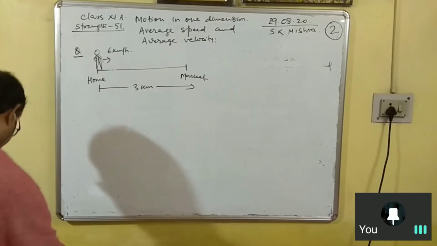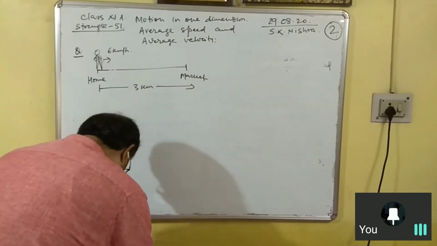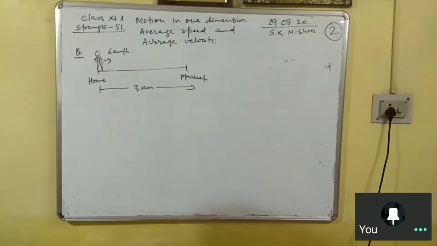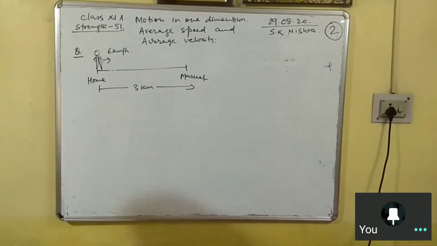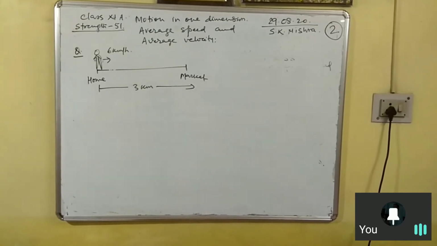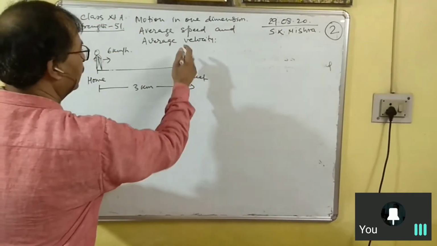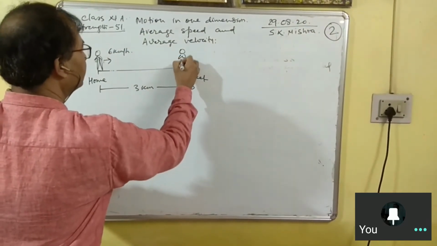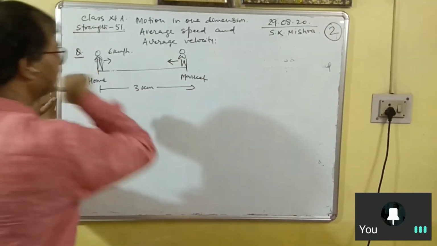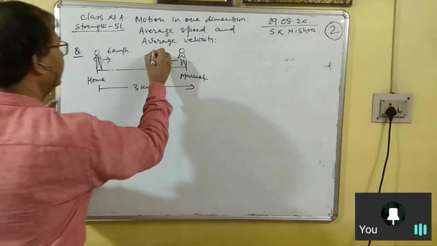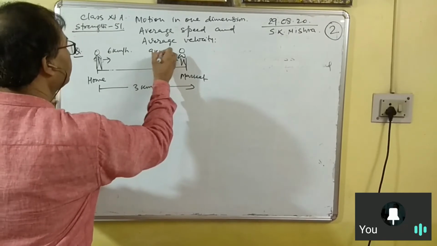Finding the market closed, he instantly turns and walks back with a speed of 9 kilometer per hour. So the market was closed, and finding it closed, he instantly returned with the speed of 9 kilometer per hour.